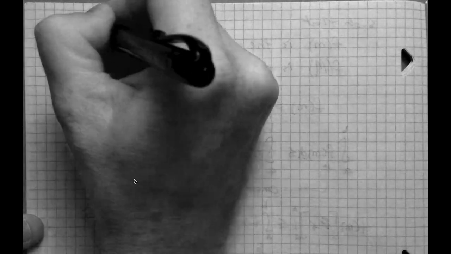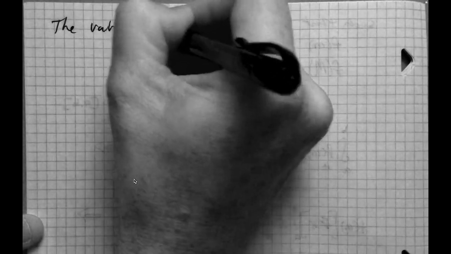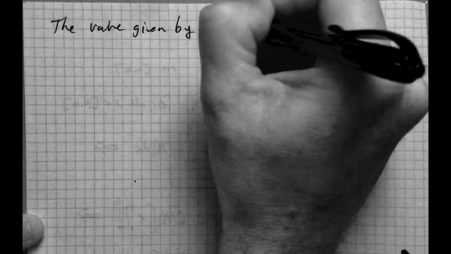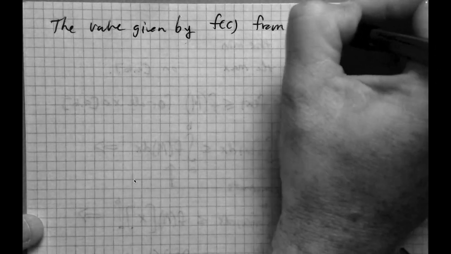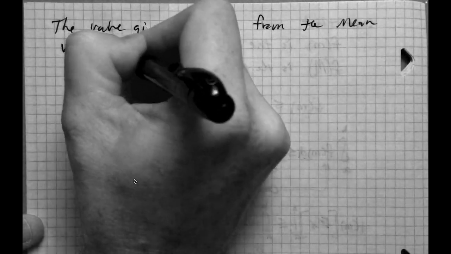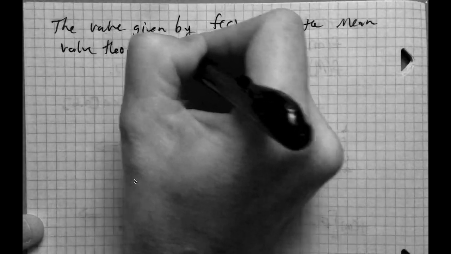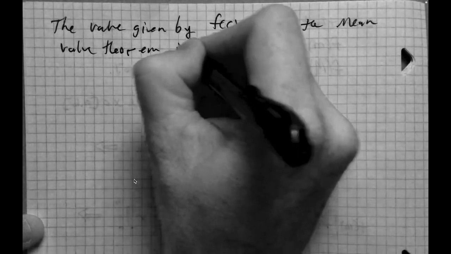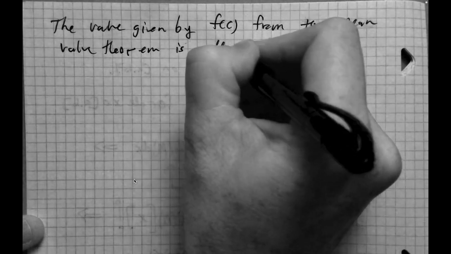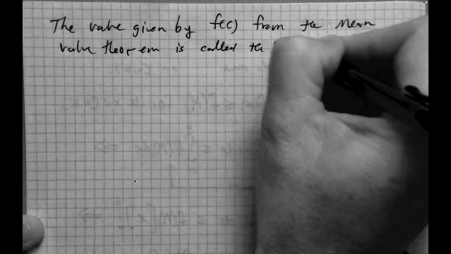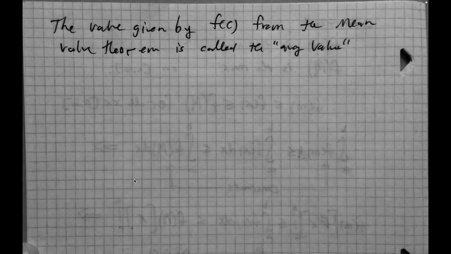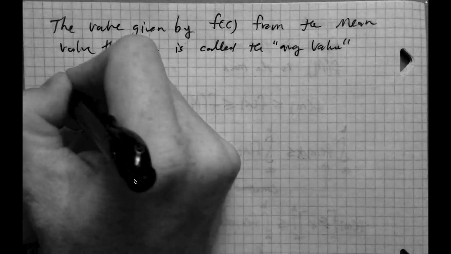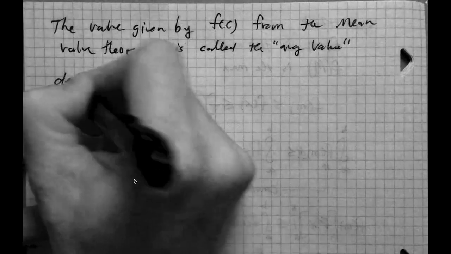So basically the value given by f of c, from the mean value theorem, is called the average value of the function over the interval.